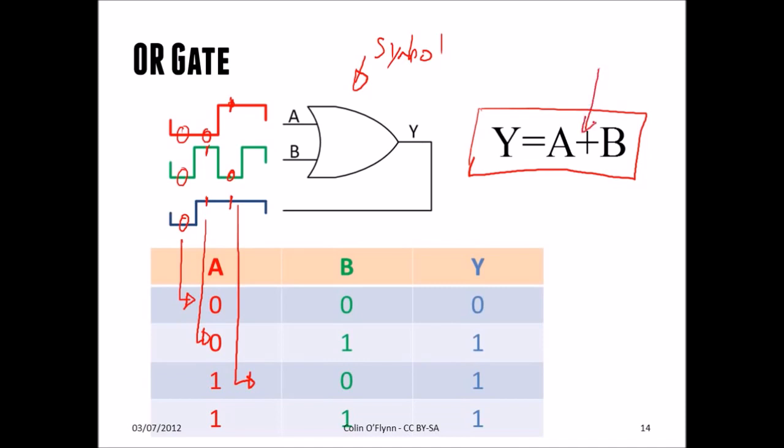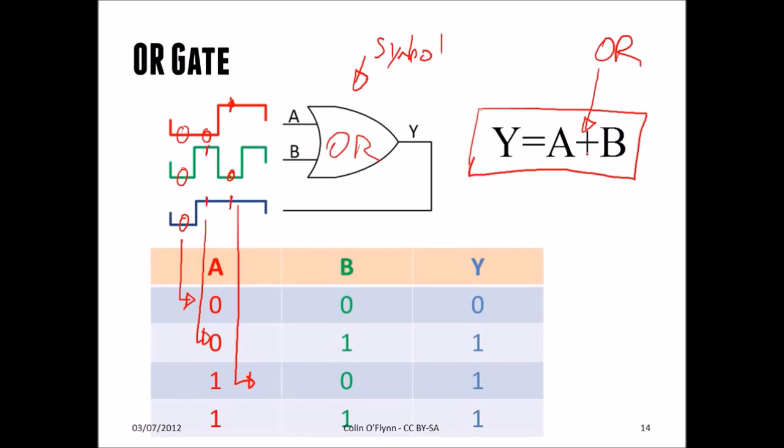So in this class, for the most part, we're going to be dealing with what's called Boolean algebra. And Boolean algebra is just another way of writing down all of the same information. So you can either write this symbol that says it's an OR gate when A is 1 or B is 1, the output's 1. This way is saying when A or B is true, the output's true.